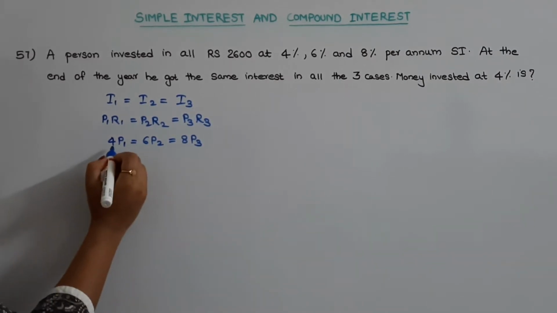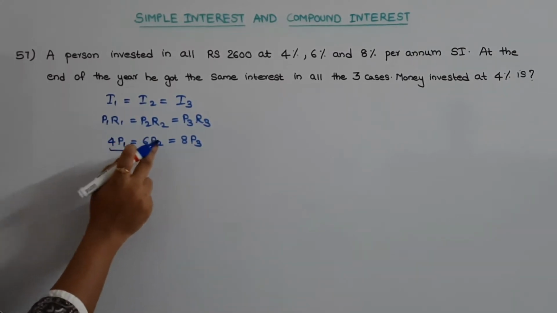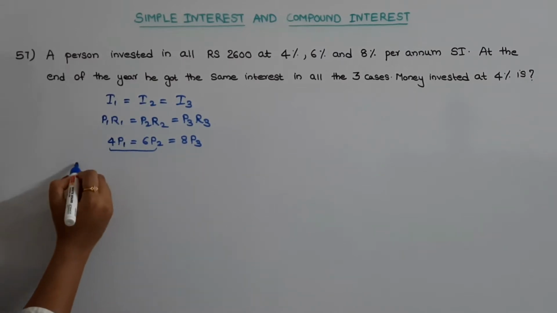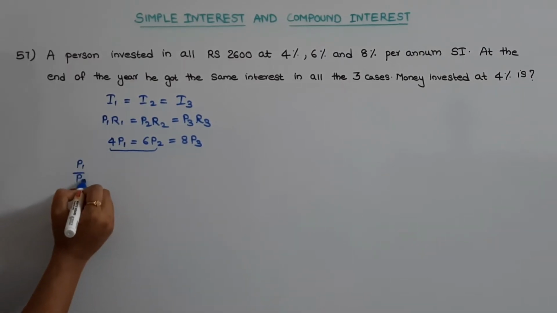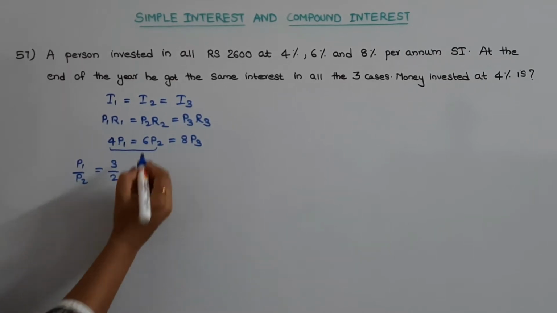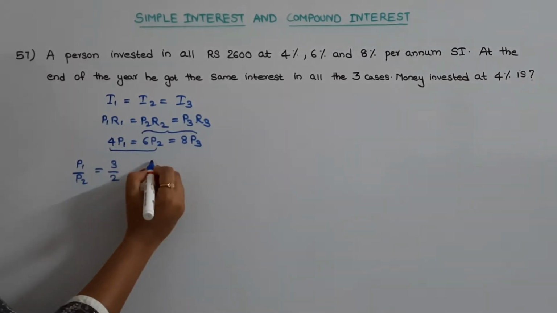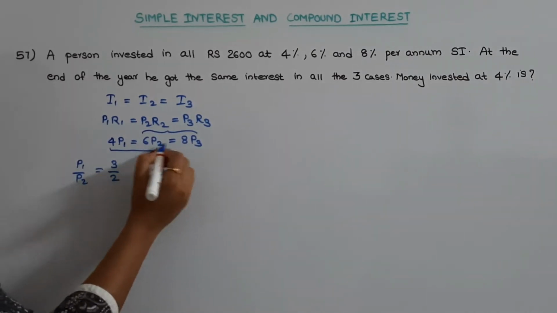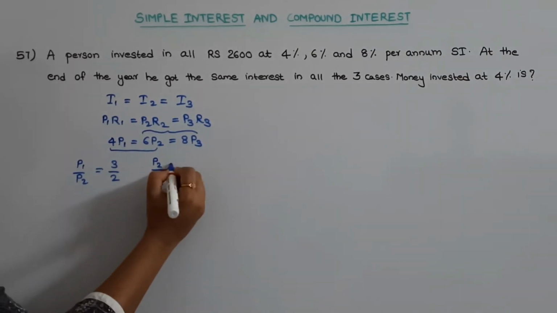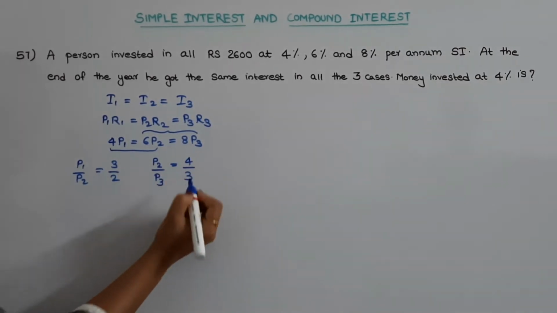First consider this part. On considering this part, we will get the ratio of the principals P1 and P2. From this, P1 by P2 is equal to 6 by 4, that is 3 by 2. Then consider this part. On considering this part, we will get the ratio of P2 and P3. So P2 by P3 is equal to 8 by 6, that is 4 by 3.